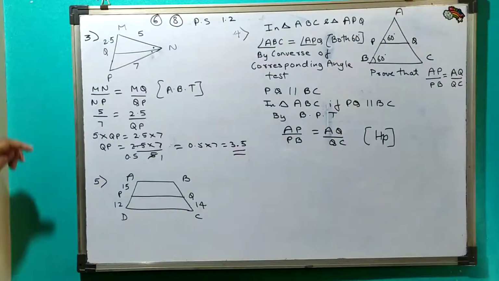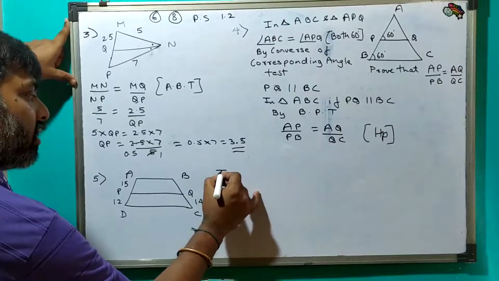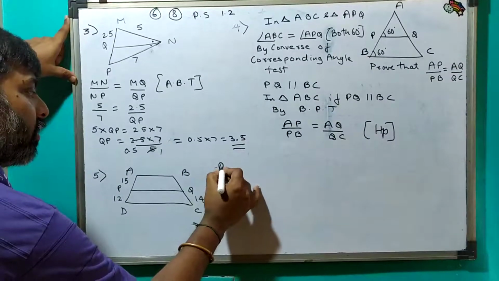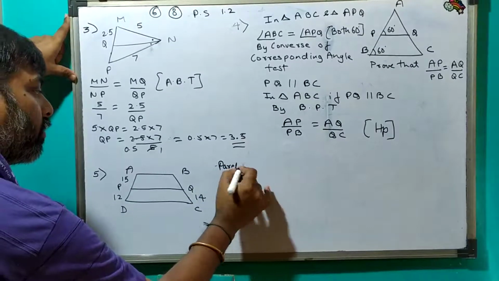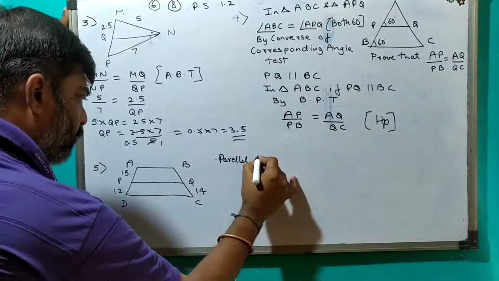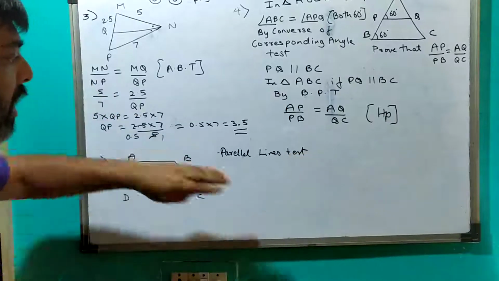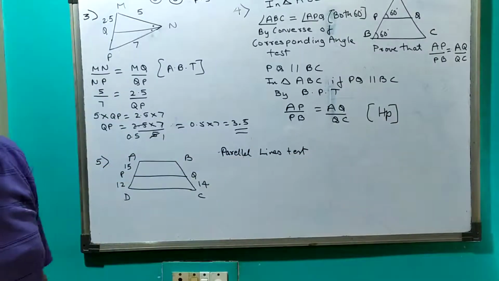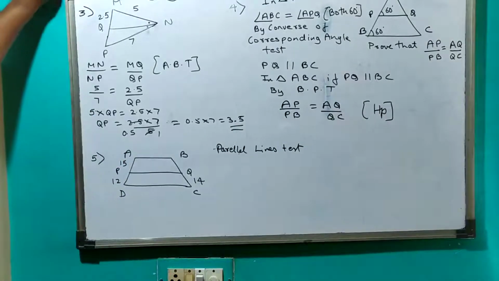Fifth sum. In the fifth sum, there is a test called parallel line test, or when 3 lines are parallel. If 3 lines are parallel, you can see the various ratios.